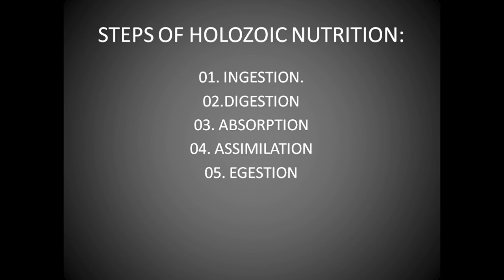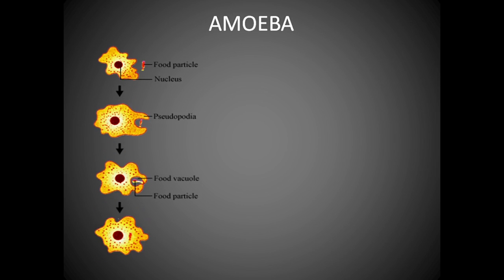Now we'll see the nutrition in amoeba. This particular diagram is given in the textbook also, in this session of the chapter. So here we'll see one by one what happens. This is the amoeba. Now you know this is the nucleus. This is the pseudopodia.